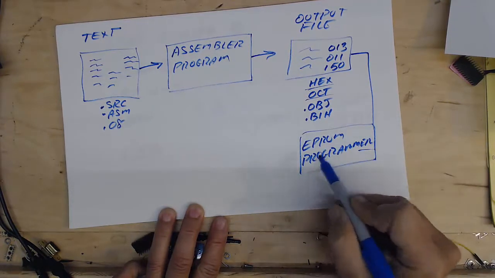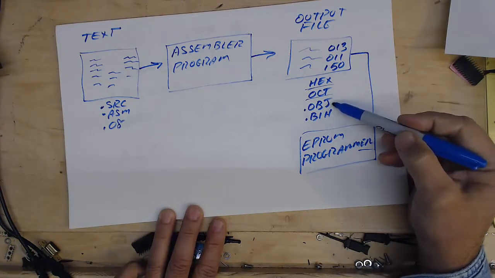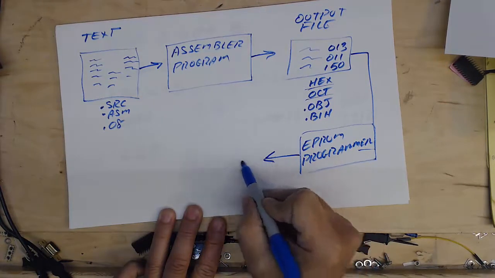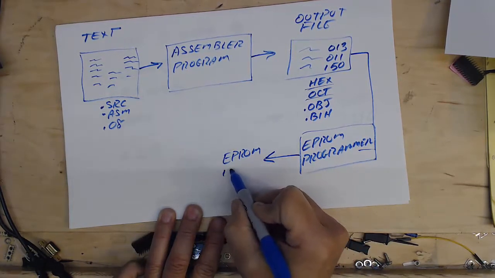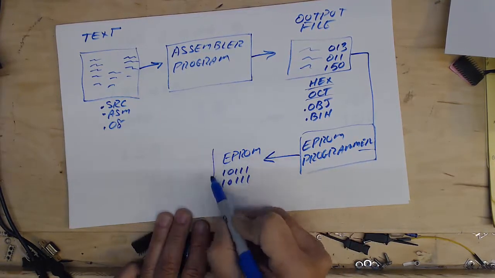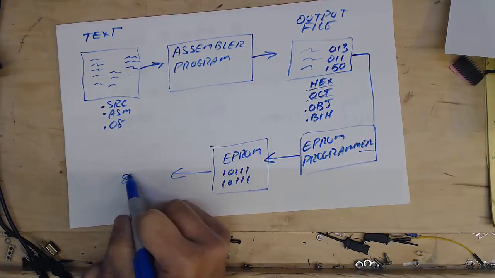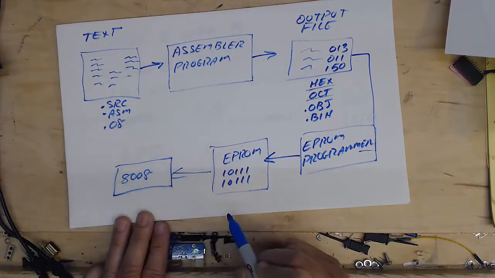Okay, so the EEPROM programmer is going to know how to open the hex file or the octal file or whatever object file is, and it's going to program that into our EEPROM. And when it's in our EEPROM, it's going to be in binary, because our EEPROM then gets read by our microprocessor, and the only thing the microprocessor understands is binary.